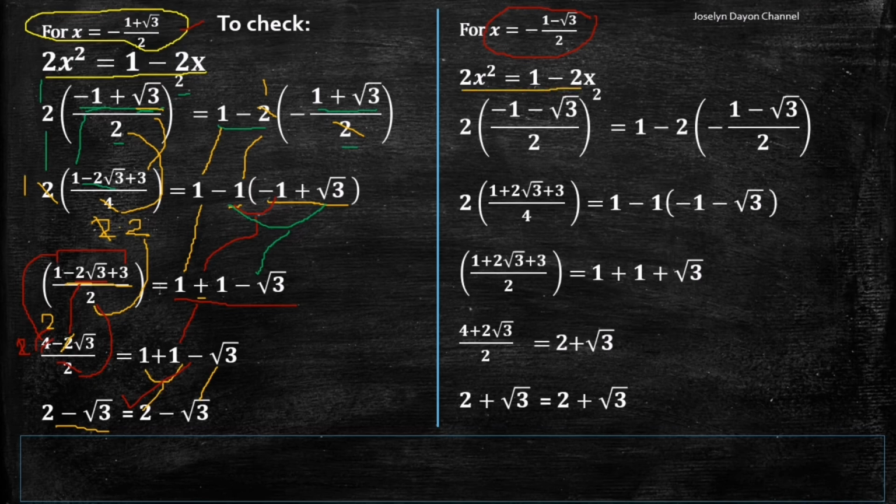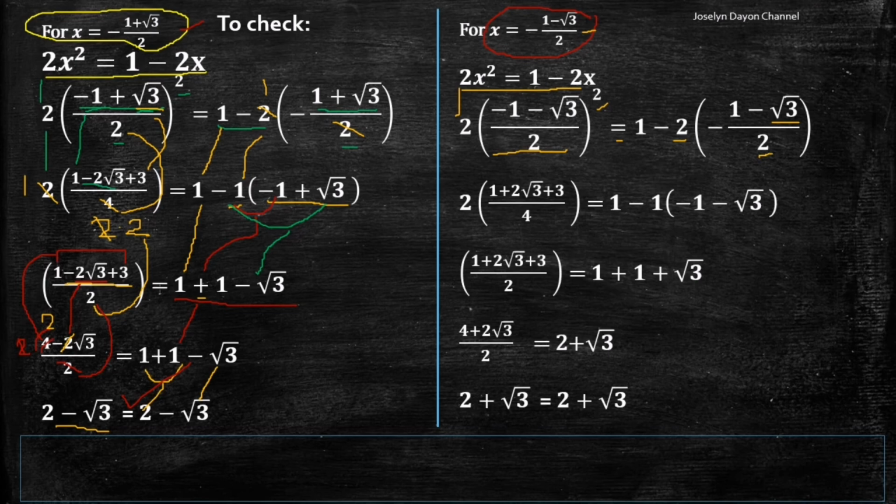Substitute x by negative 1 minus square root of 3 all over 2. So just copy 2, and we have here the value of x raised to the power of 2 equals 1 minus 2 times the quantity of negative 1 minus square root of 3 all over 2.